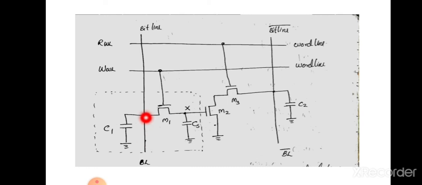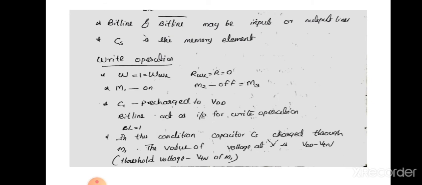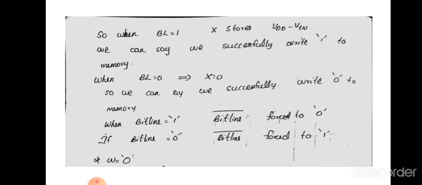If bit line voltage is equal to 0, the voltage appearing here will be 0. So in this condition, the capacitor CS is charged through M1, the value of the voltage at X is VDD minus VTN, where VTN is the threshold voltage of M1. So when bit line equal to 1, X stores VDD minus VTN.